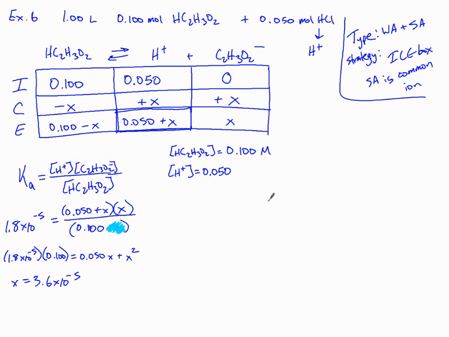Again, if you went to maybe 6 or 7 significant figures, you would see the difference, but using 2 or 3 significant figures, it's rounding off. We're not even seeing the difference.